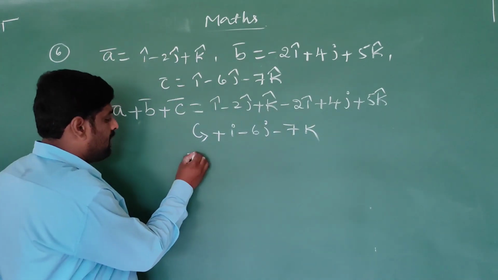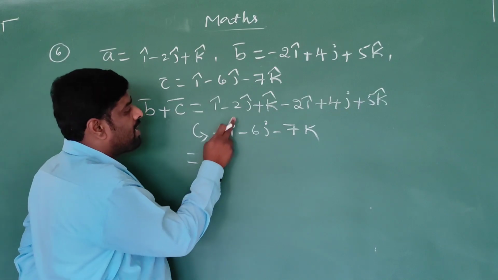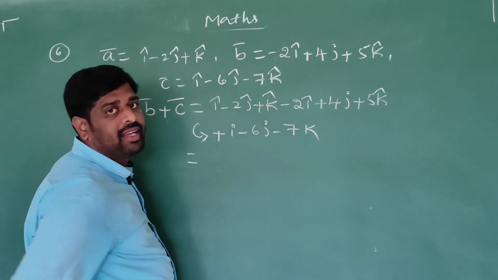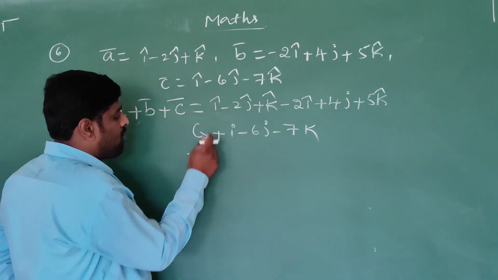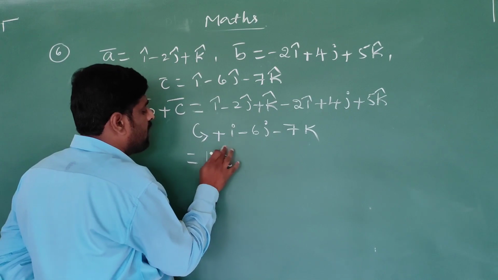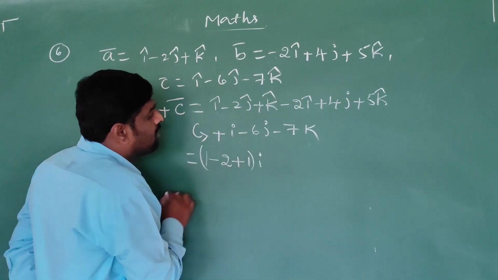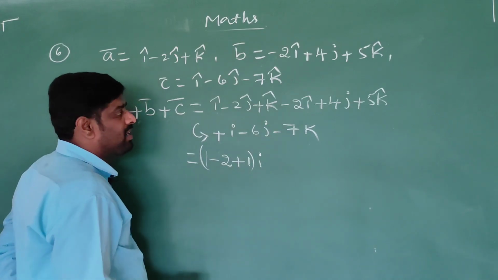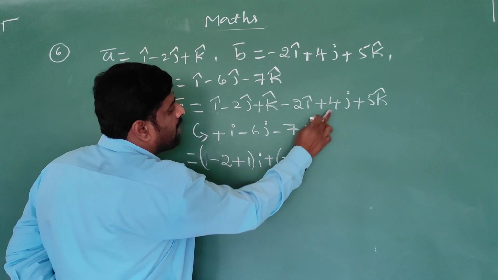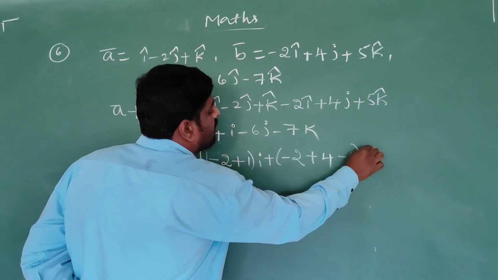So you have to add the i components, simplify the j components and simplify the k components. Here the i coefficient is 1, here minus 2, here 1. Similarly take the j components: minus 2, plus 4, minus 6.